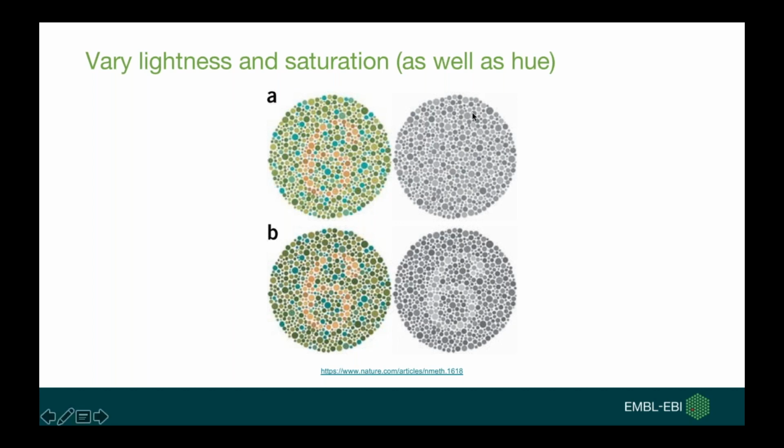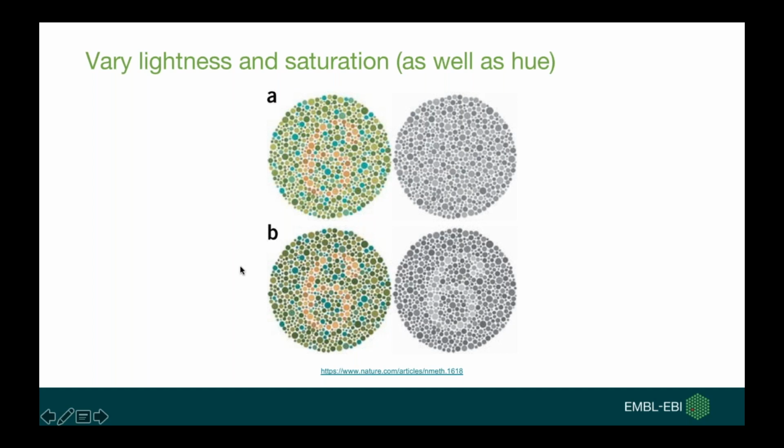So if you turn this into gray, the pattern of 6 is not visible. This is very similar to how colorblind people see it, except that what they see is actually shades of brown. On the other hand, if you vary the lightness and saturation of the two hues, so it's not just the hue that is different, but also the lightness, and then you remove the color, the pattern of 6 is actually much more visible.